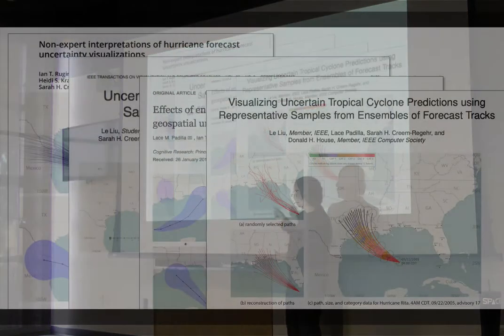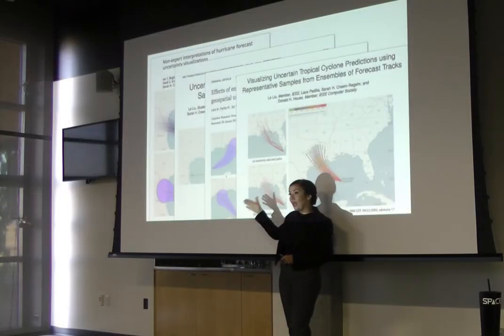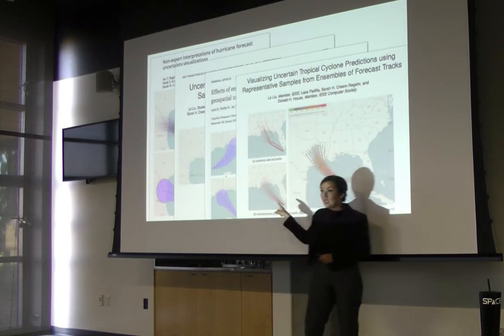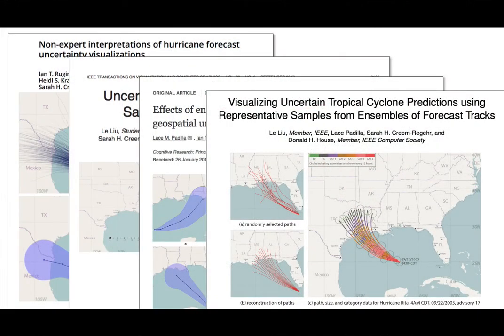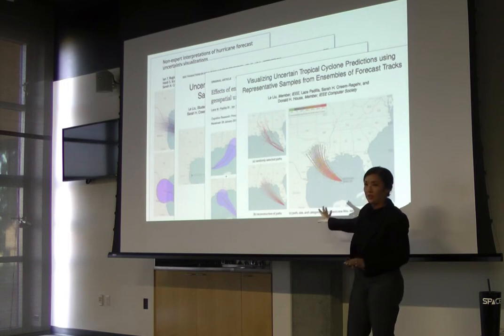My collaborators came up with this really cool new technique to reconstruct the paths so the lines are spread out nicely, and it more fully represents the distribution. When you go from this to this, that gives you the ability to do some interesting things, like make the lines thicker, so we can put color on the lines to indicate the intensity of the storm, and now it's a cleaner visualization, so we can even put the size of the storm on there too. Really cool technique. I highly encourage you to take a look at it.